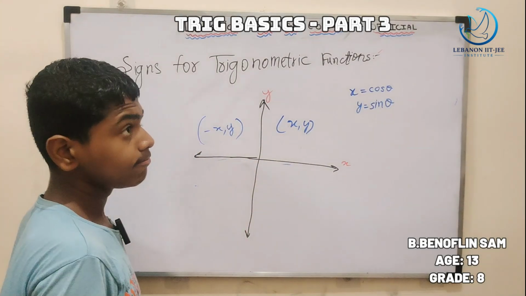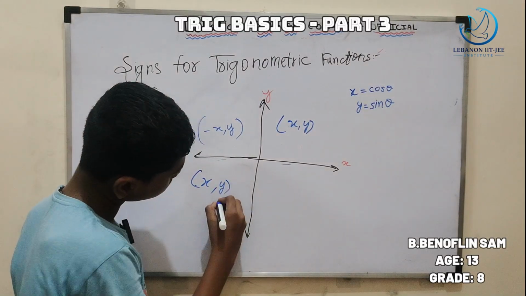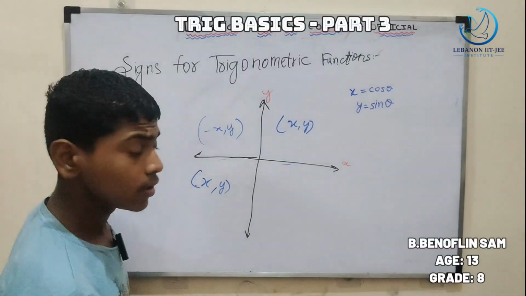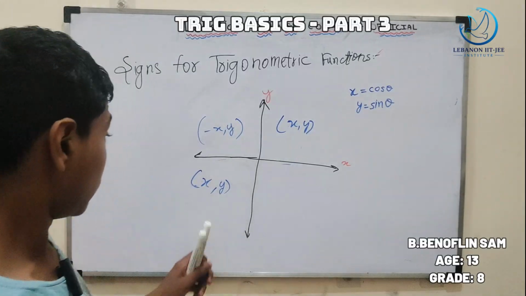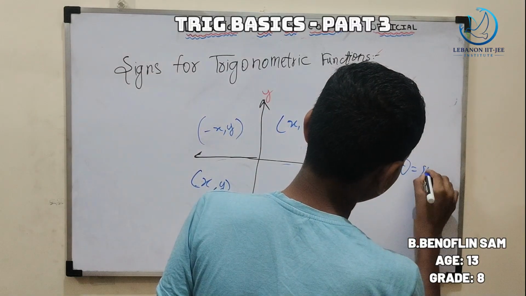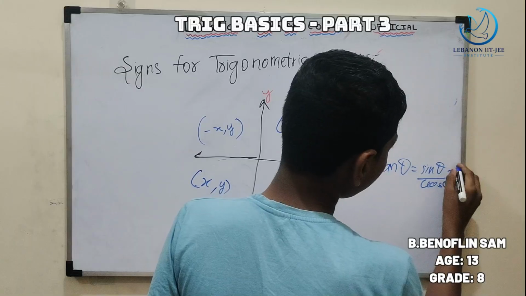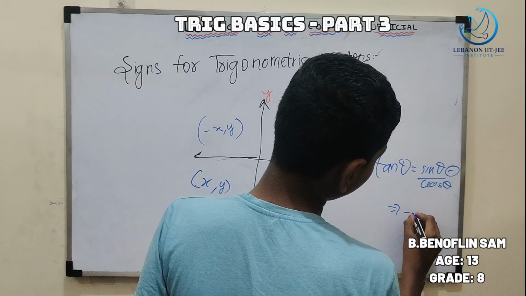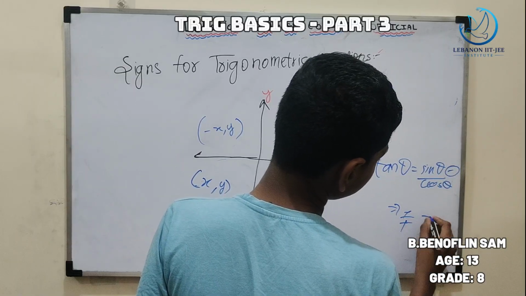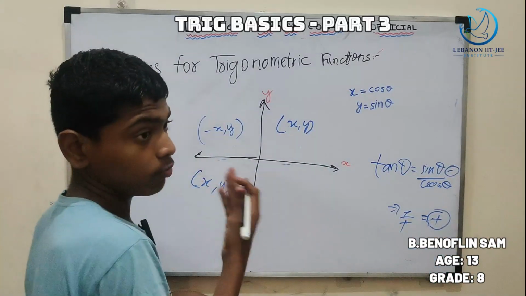In the third quadrant, why x and y? Because tan theta is equal to sine theta by cos theta, but both are negative, so negative by negative cancels to positive. That's it, very easy, right?